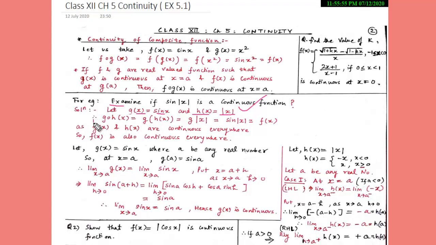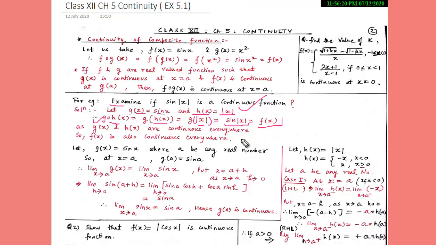So here we will find g of h(x), which equals g, and in place of o we will write bracket and then h of x. So here we will put the value of h(x), which is mod x. So from here we get g of mod x, and now this mod x function is the value of x, and we will put this value in the g function in place of x. So student, from here we get sin of mod x, and this is equal to f of x.